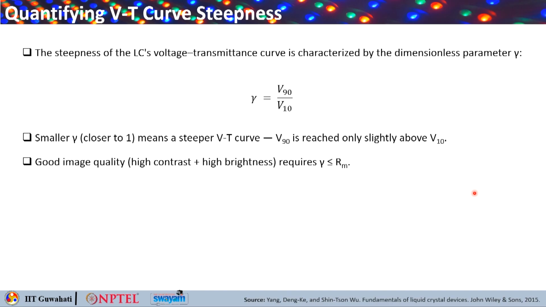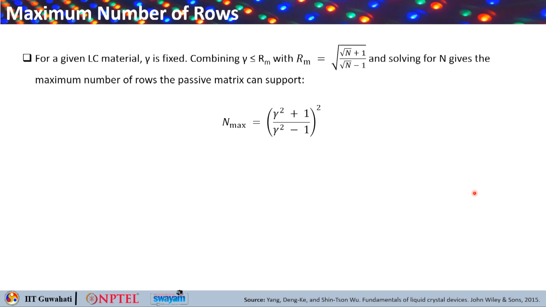Now if the material's gamma is too large, that is, too gradual a curve, then for the number of rows in the display, the image quality will suffer. Here we can see that for a given liquid crystal material, gamma is fixed.